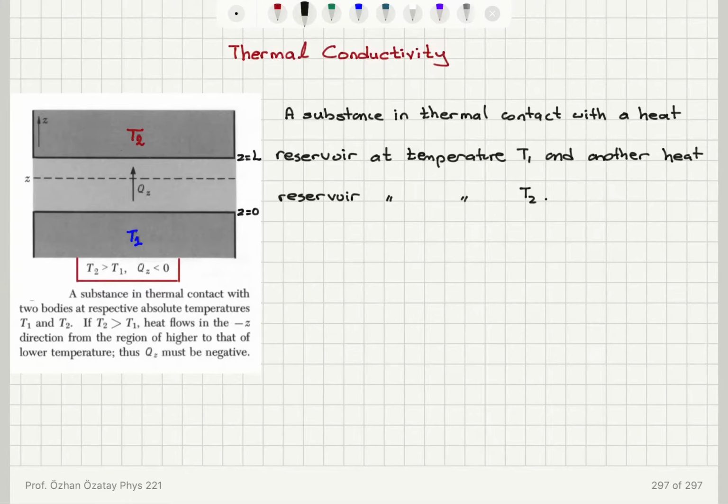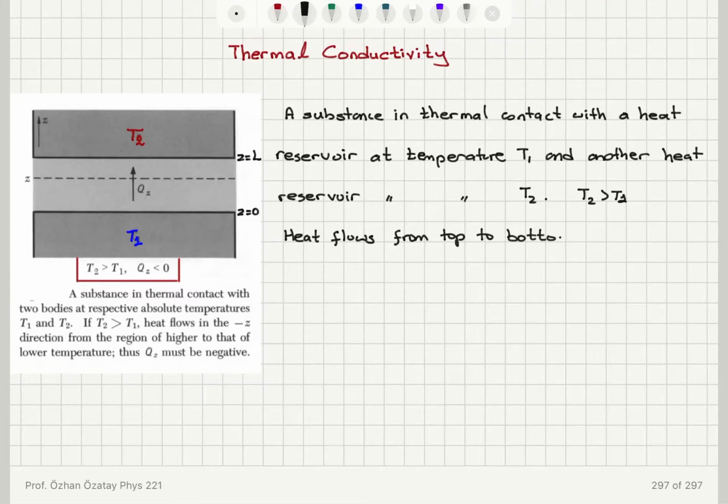And we're saying that T2 is greater than T1. So heat will flow from top to bottom, from the hot to the cold side.